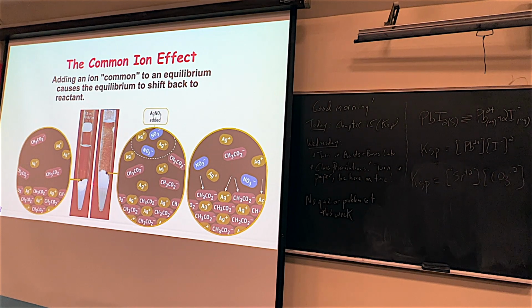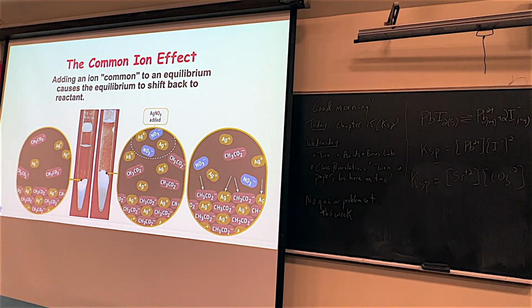And silver acetate, like most of the silver salts, is kind of a boring white color. But anyway, all of a sudden, we're adding more silver ions to it, specifically silver nitrate. Silver ion is common to the silver acetate equilibrium. Over here, you could write Ag acetate, making silver ions and acetate ions.